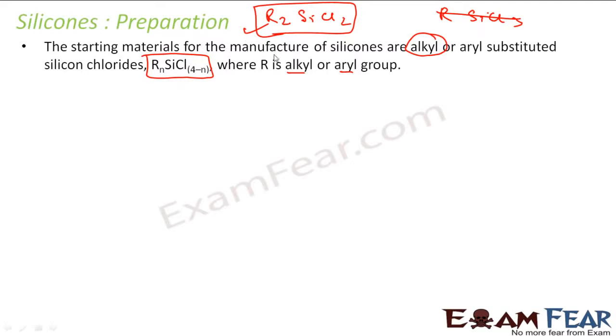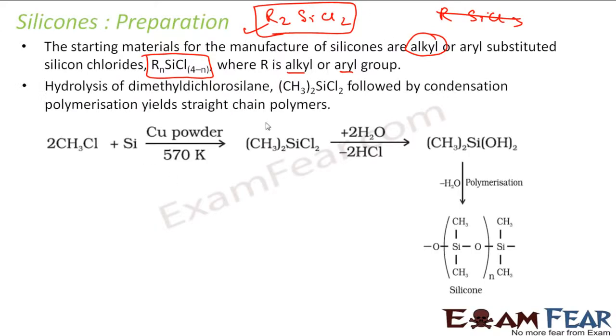So let's first prepare this starting material. You take CH3Cl and add silicon, with copper powder as a catalyst at 570 Kelvin, and you get this. This is what we are looking for: R2SiCl2, where R is methyl here.